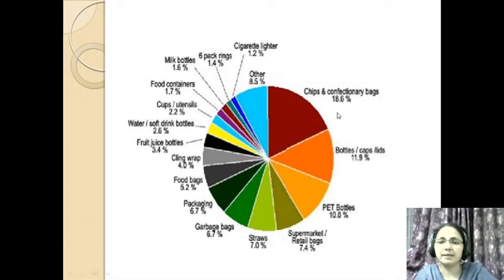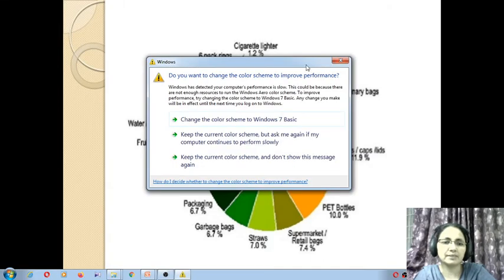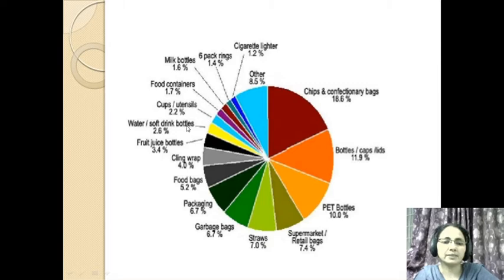Chips and confectionery bags 18.6%, bottles and capsules 11.9%, PET bottles 10%, supermarket retail bags 7.4%, straws 7%, garbage bags 6.7%, packaging 6.7%, food bags 5.2%, cling wraps 4%, fruit juice bottles 3.4%, water or soft drink bottles 2.6%, and also cups and utensils 2.2%, food containers 1.7%, milk bottles 1.6%, six-pack rings 1.4%, cigarette lighters 1.2%, and others 8.4%.